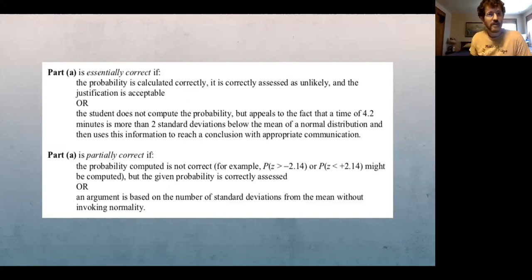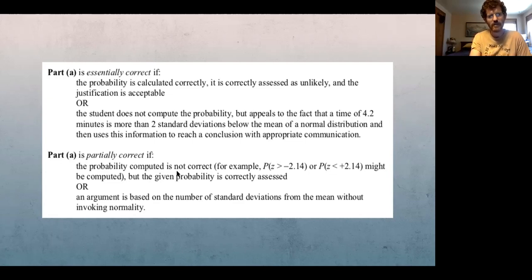It says part A is essentially correct, getting that E, if the probability is calculated correctly, it is correctly assessed as unlikely, and the justification is acceptable. Okay. And then anyways, you can read all through this.